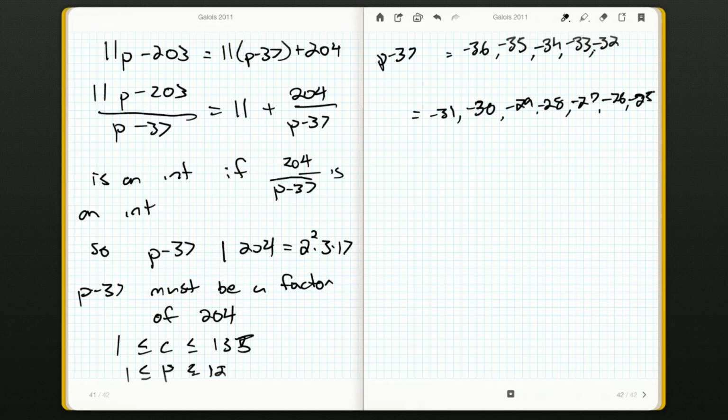So those are the possibilities, but of these possibilities, only this one is a factor. Only negative 34 divides 204. Okay. So that's how we can narrow it down. We don't have to do that lengthy calculation that I was doing on the calculator every single time. Only negative 34 is going to do it.